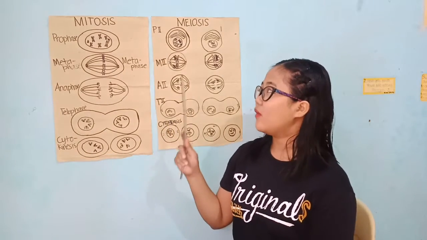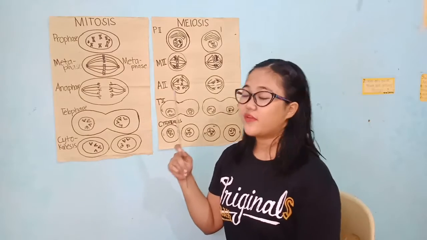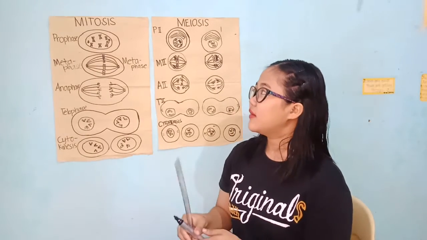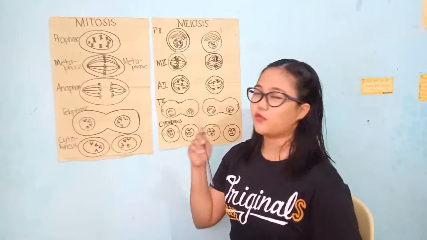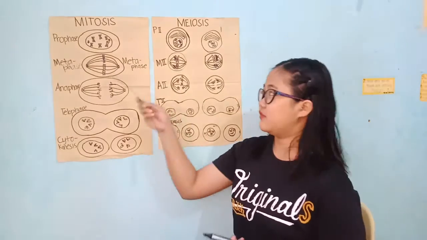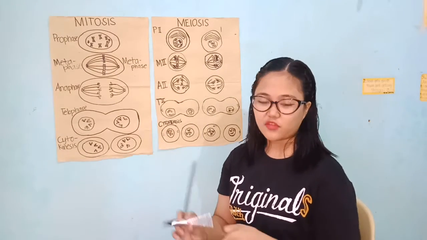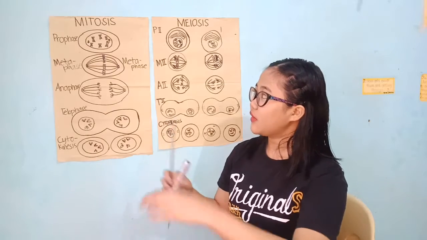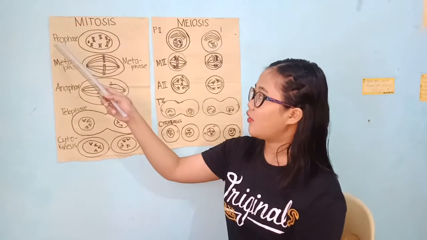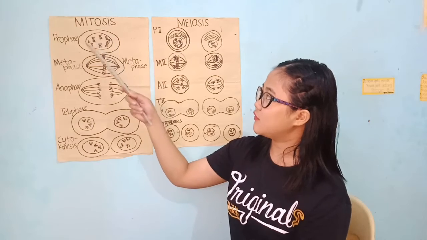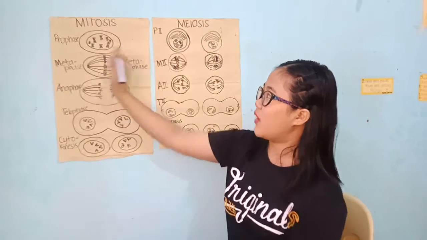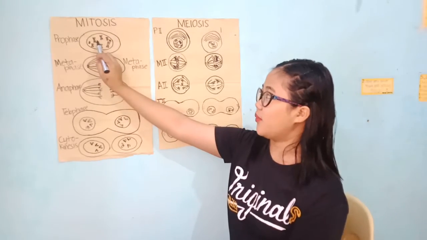So first, I will describe the second phase of mitosis. As I've said earlier, the first of both is interphase. So the second is prophase. As you see in prophase, these are chromosomes.